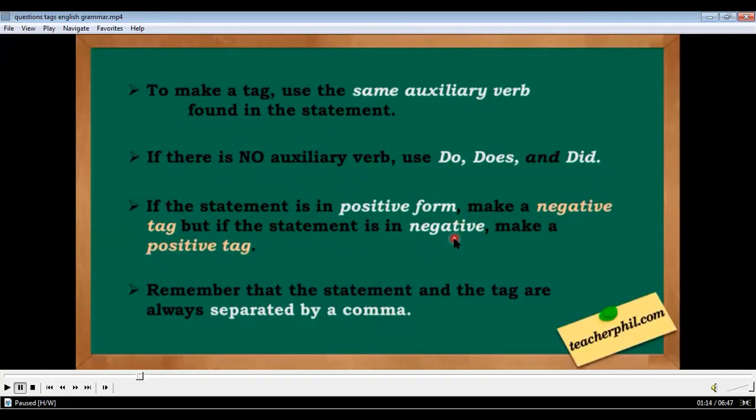And if the statement is in negative form, like if the statement contains the word not, then make a positive tag. And the last rule, remember that the statement and the tag are always separated by a comma. So these are some rules that you have to follow while making tags.